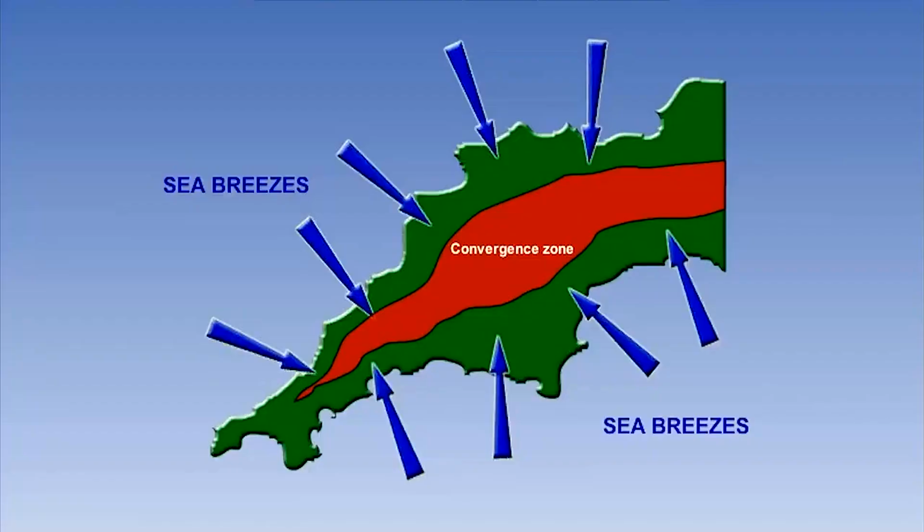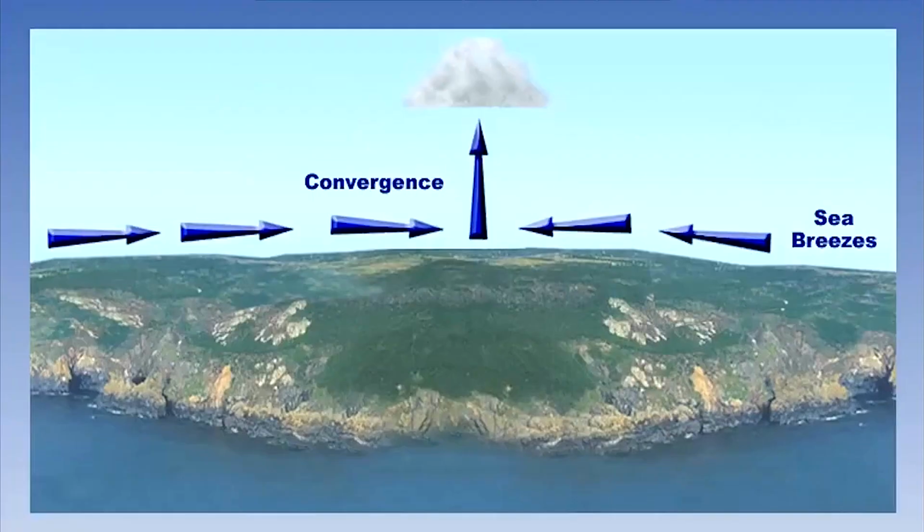So what will happen as a result of this convergence? The convergence at low levels forces the air to rise, and we know what happens when air is forced to rise. It cools adiabatically, and eventually cloud will form as the water vapor condenses out.